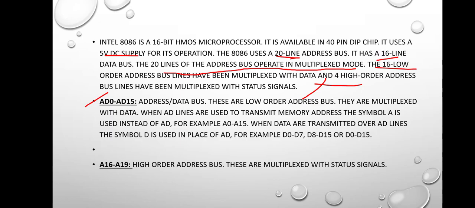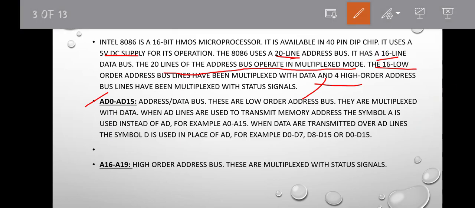So whenever we want to access the address, by using one operating pin we select only the address, and if we want data we select only data. This is the purpose of multiplexing.